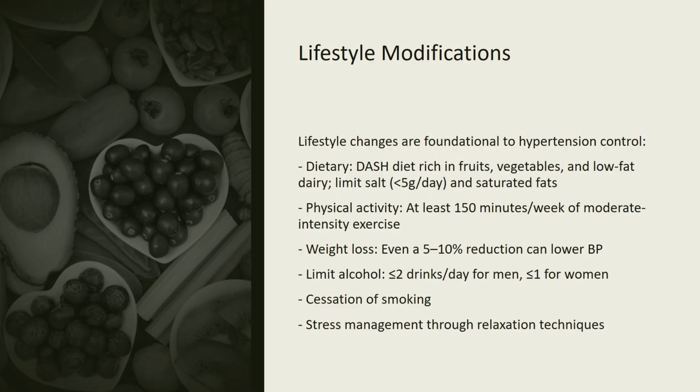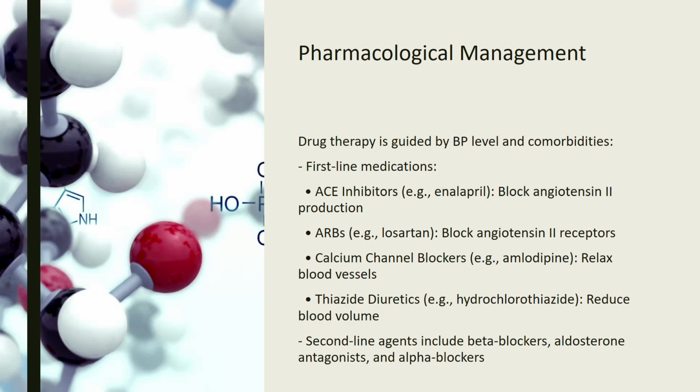Weight loss: even a 5 to 10% reduction can lower BP. Limit alcohol to no more than 2 drinks per day for men or 1 for women. Cessation of smoking and stress management through relaxation techniques.